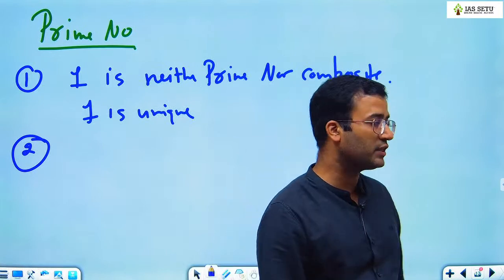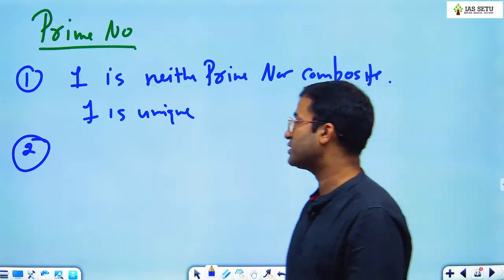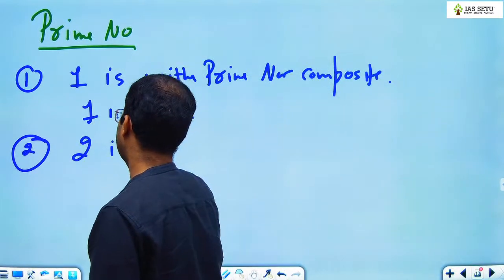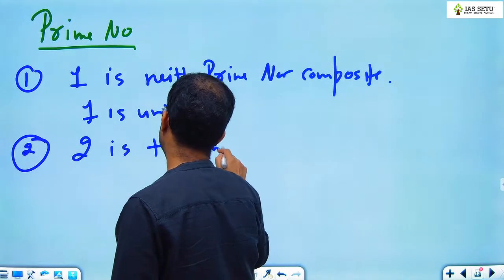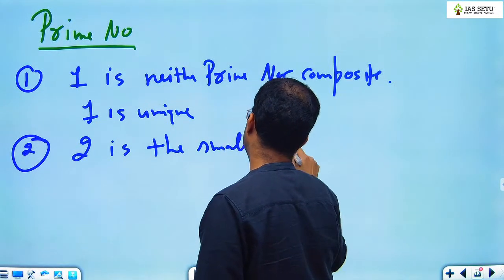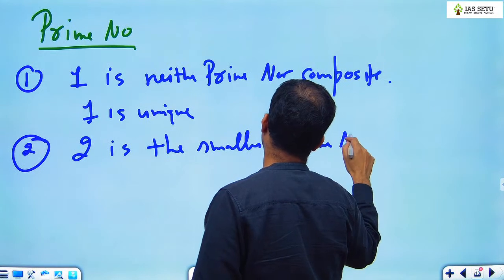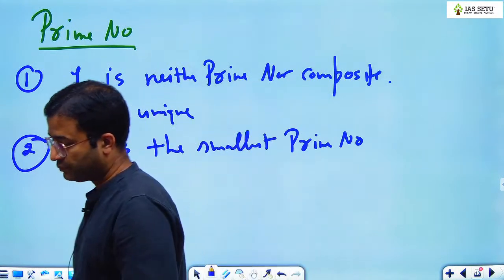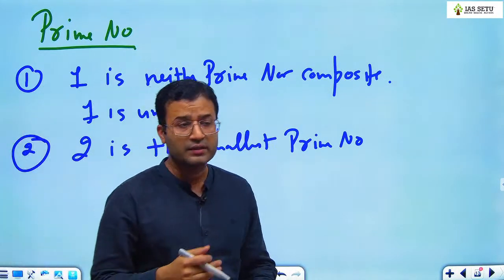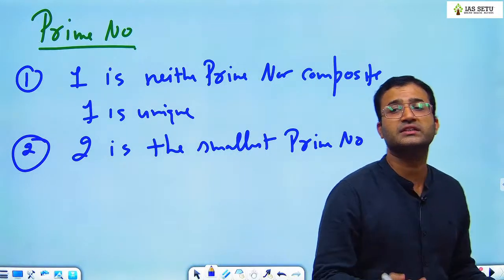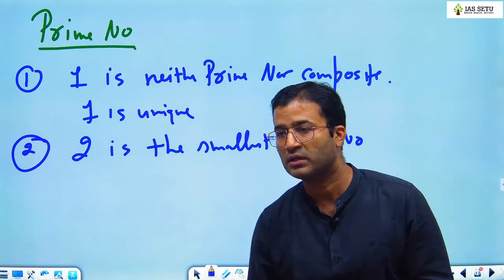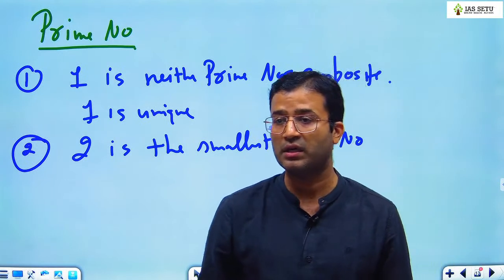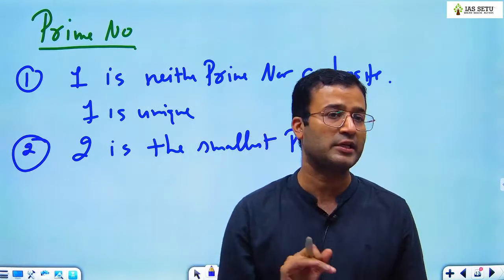Next, second point is 2 is the smallest prime number. Some students ask, sir, can we consider -2 as a prime number? See your conceptual clarity. Here prime number is under natural number.